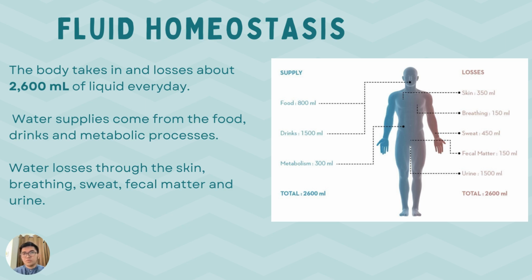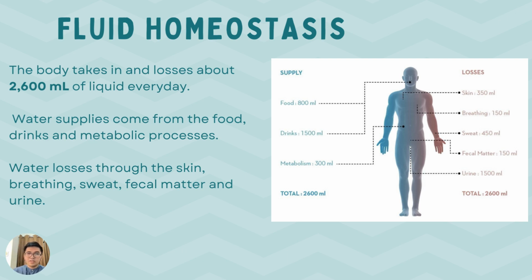Next, we have the fluid homeostasis. So we know that we need to drink 8 glasses of water every day, just due to the body takes in and loses about 2,600 ml of fluid every day.